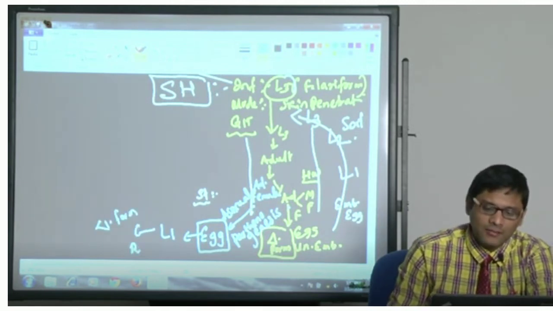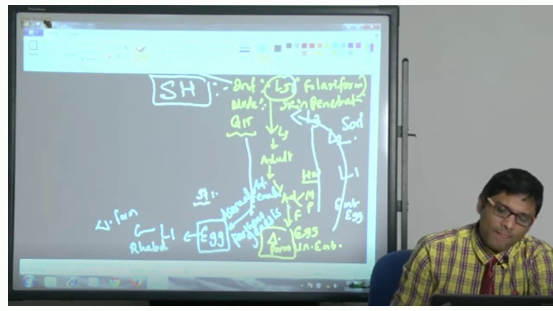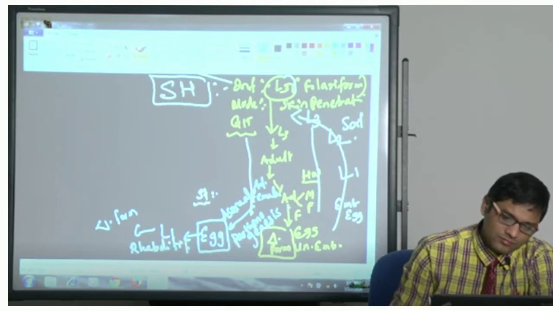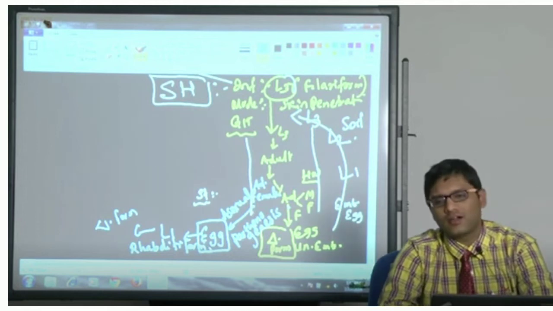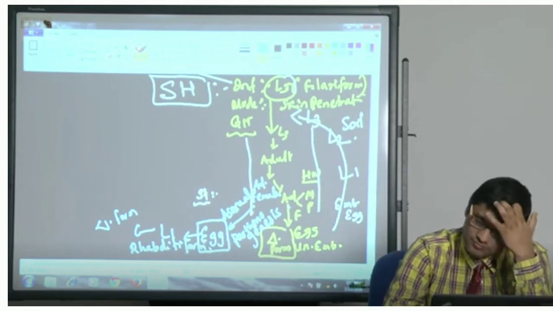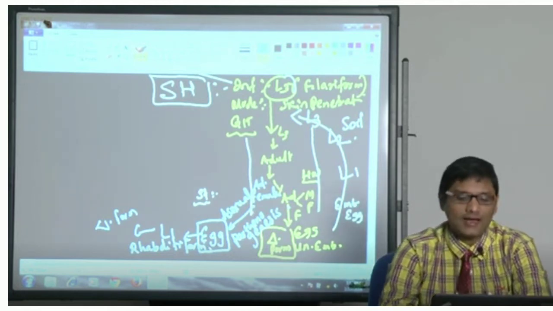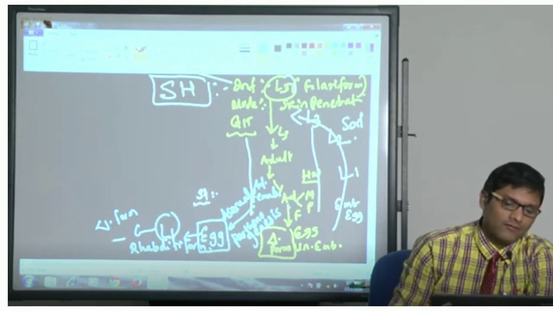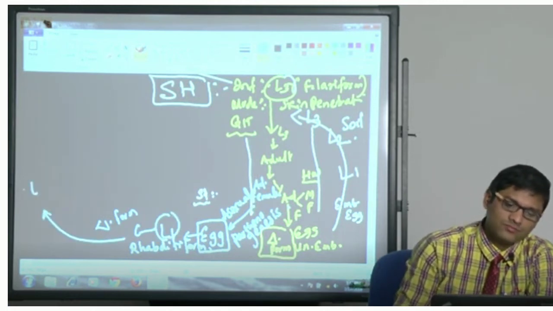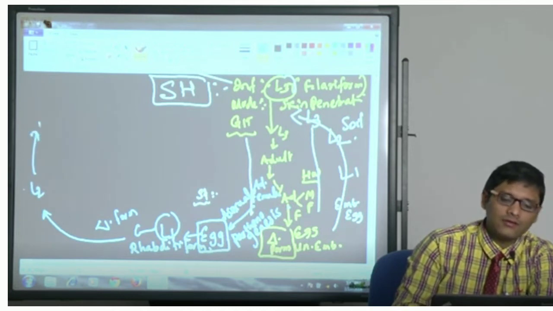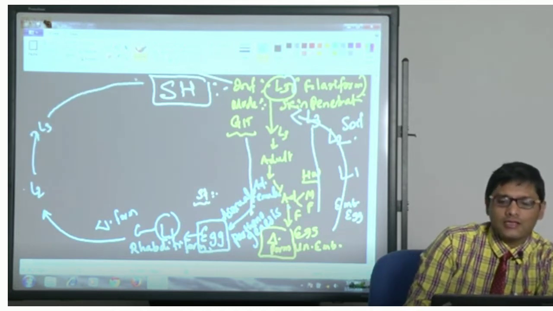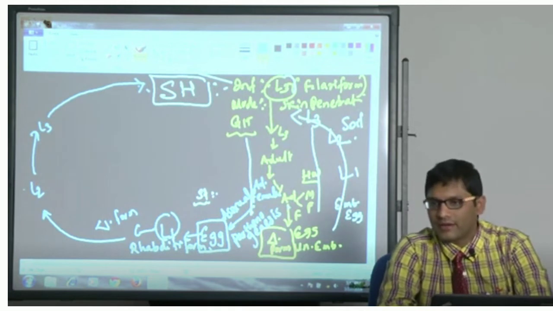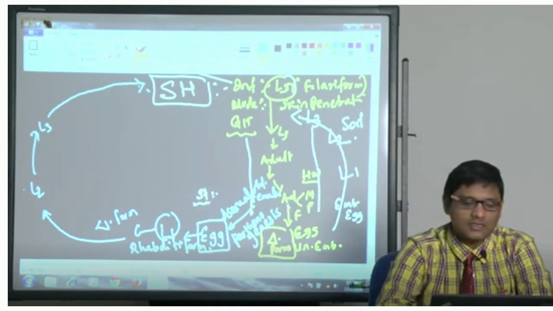L1 is called rhabditiform larva. This L1 in the environment will become L2 and L3, and then L3 is the infective form.